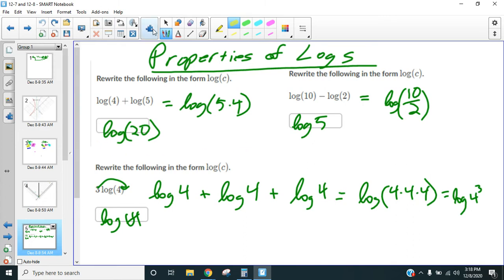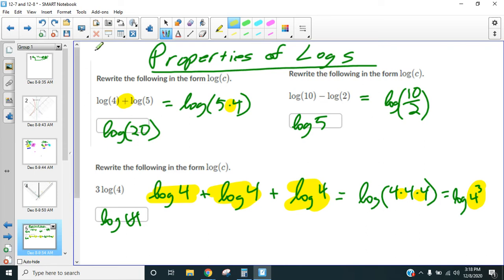If we have a situation like this down at the bottom, where they write a number out in front, that would mean literally that there are three times the number means three of these. And if we are adding three of those, remember what do we do when we add logarithms? We multiply. So now we're going to multiply it 3 times. But wait a second, that's the same thing as cubing something, right?